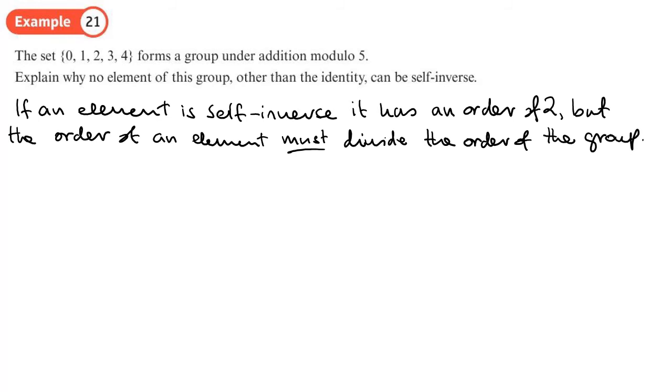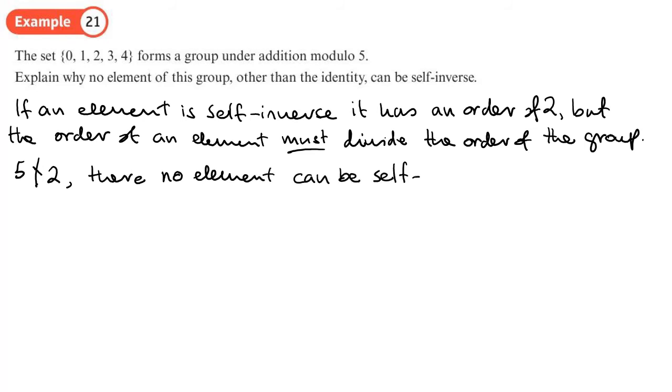Okay. But 2 does not divide 5, does it? So therefore, no element can be self-inverse using that rule that the order of an element must divide the order of a group, and 2 does not divide 5.